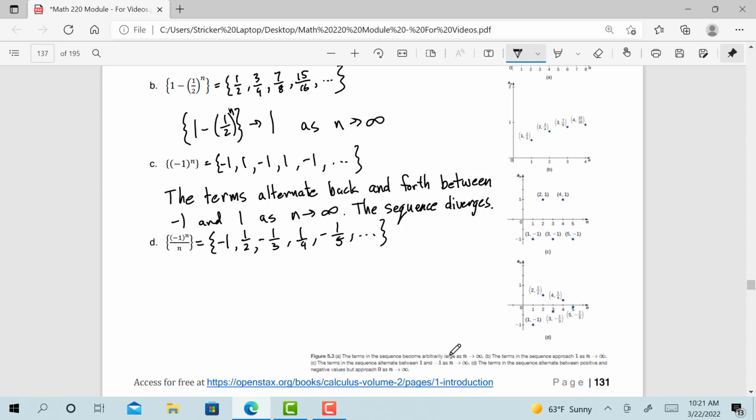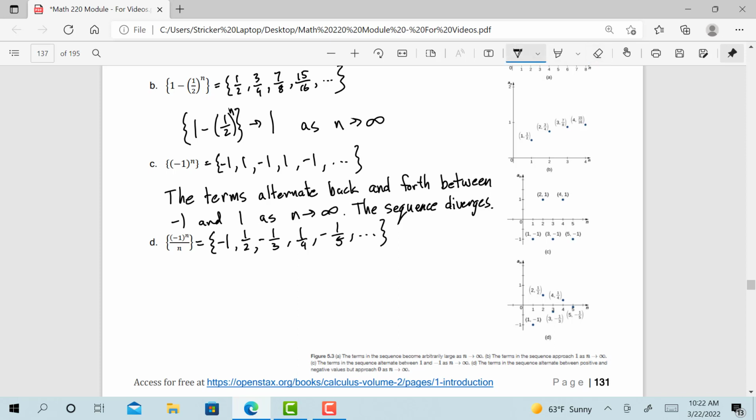Even though they alternate back and forth between negative and positive, their values are getting closer and closer to a particular y value. So what value is this sequence approaching? What does it look like it's approaching? Hopefully, what you said is it looks like they are approaching 0.